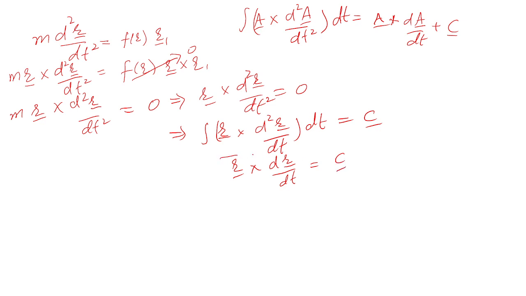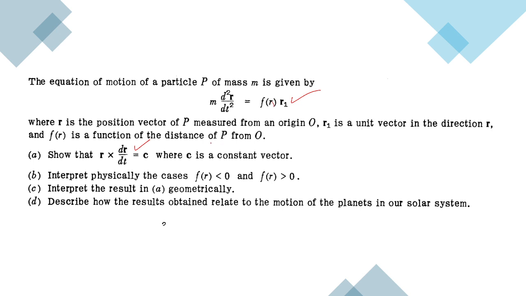So this is the relation we needed, as you saw in the previous slides. We have to show that r cross dr dt is c, where c is a constant vector. So we derived this relation, and this quantity is constant. Under the dynamics of this equation, this quantity remains invariant, it is constant.